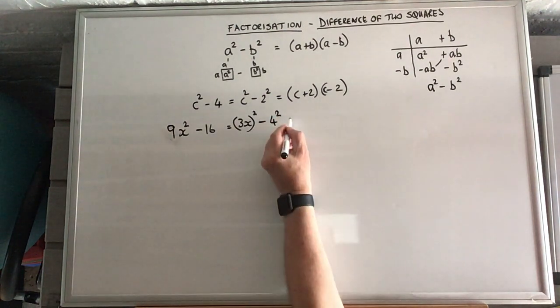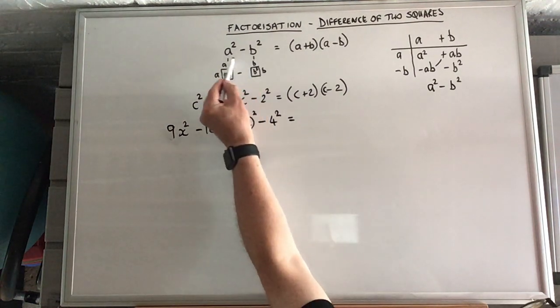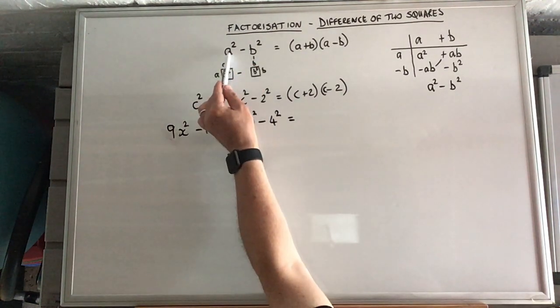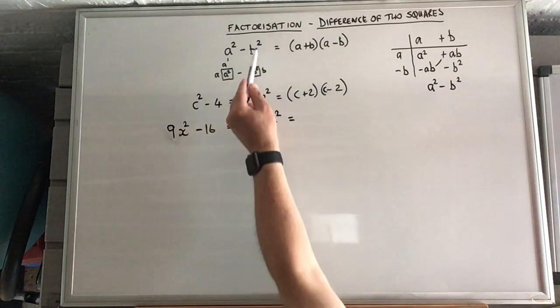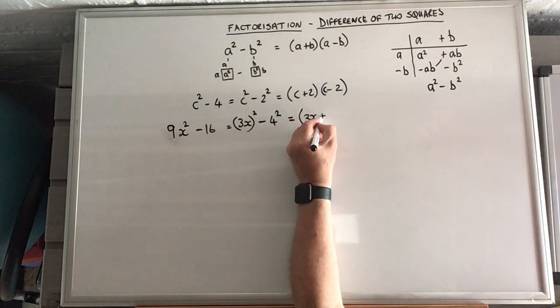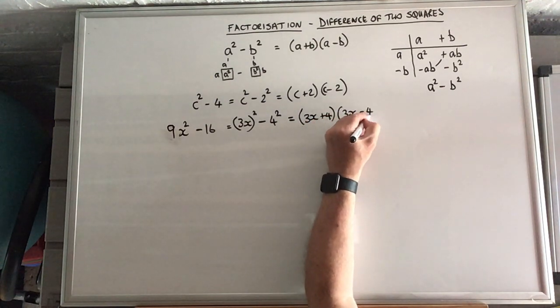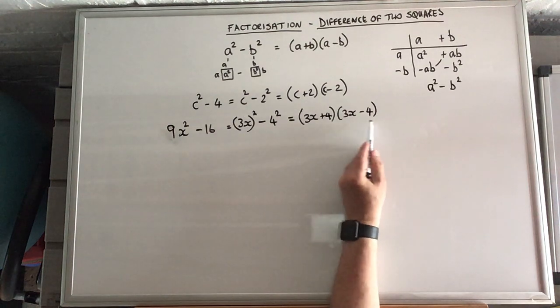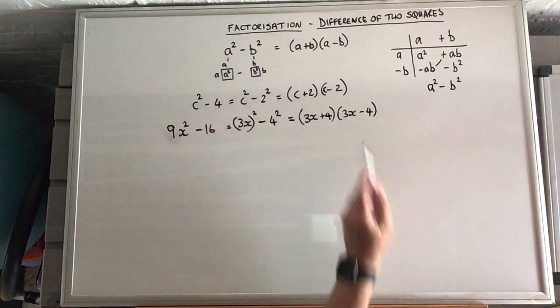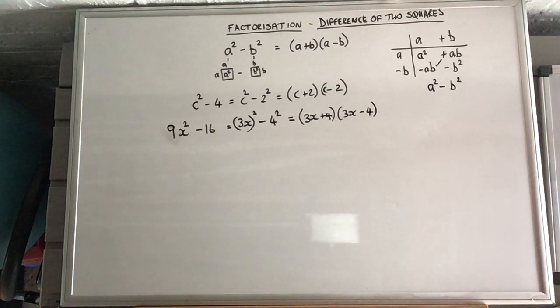Working that through, that's now in the right format, the same format as up here. So my A is 3x and my B is 4. So we have 3x plus 4, 3x minus 4. It doesn't matter which one you write first. That's all there is to it.